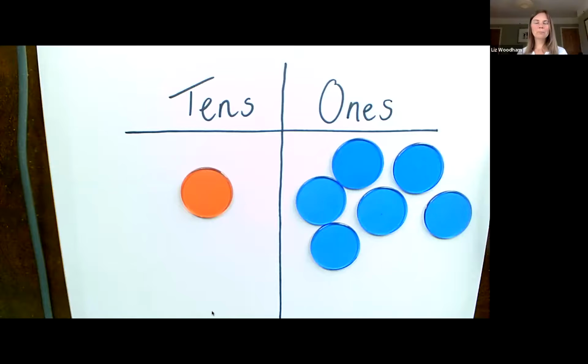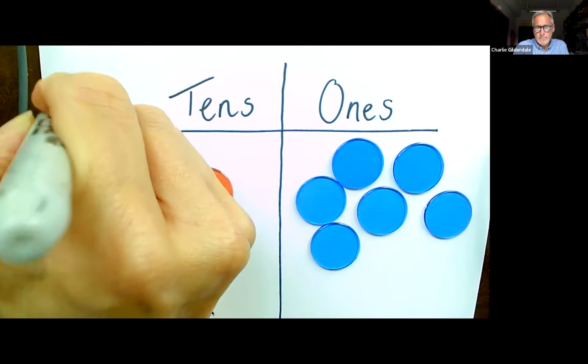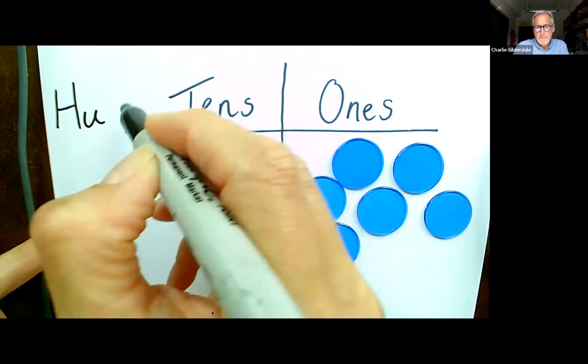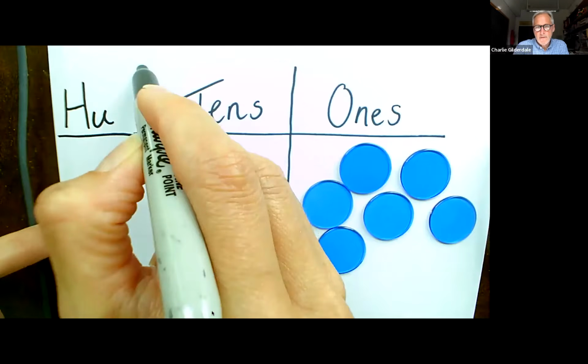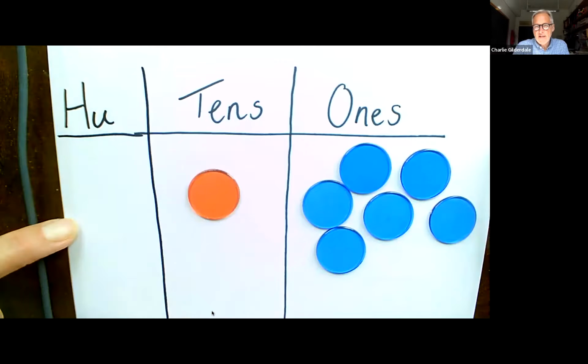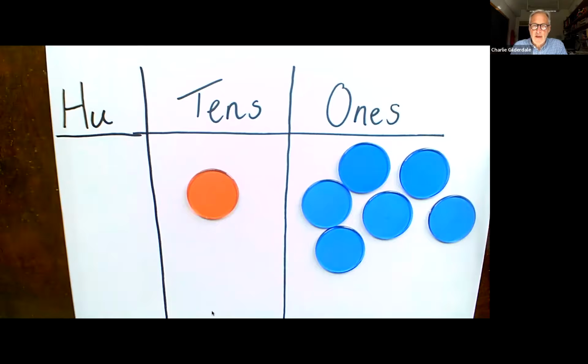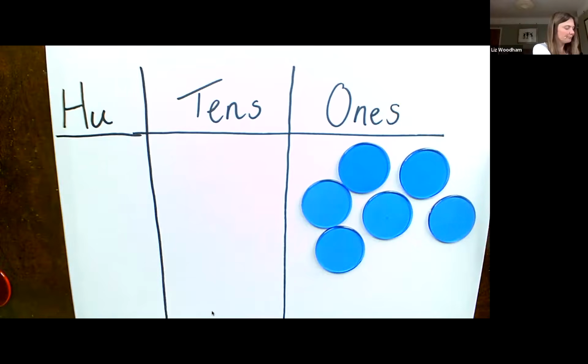Well, if you'd said to me, add 99, the result would be the same, because adding 99 is the same as adding 100. So if you want to add a column to the left of your tens and call it hundreds, and let's imagine I start with those 6 blue counters that you've got there on the right, and nothing in the tens.